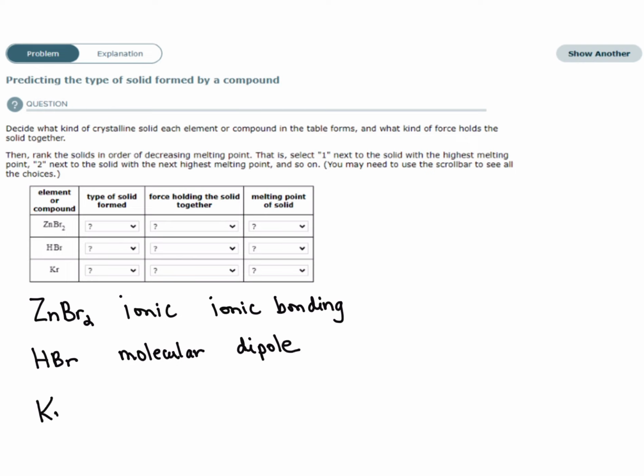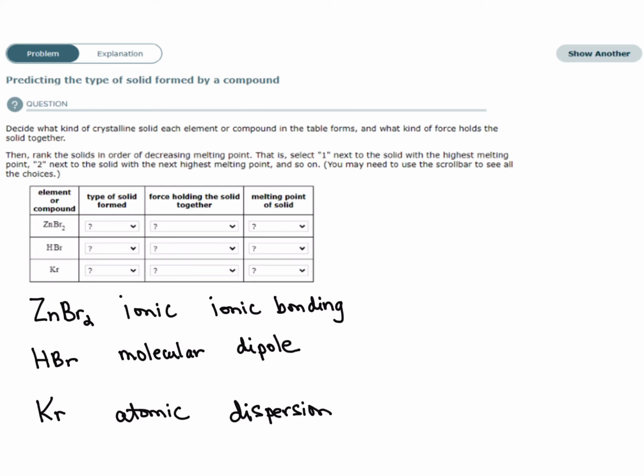The third solid is Kr. Kr is krypton, and that is in group 8A. So group 8A solids fall under the category of atomic solids, and group 8A solids are held together by dispersion forces. The next thing we want to do is go ahead and rank these forces.